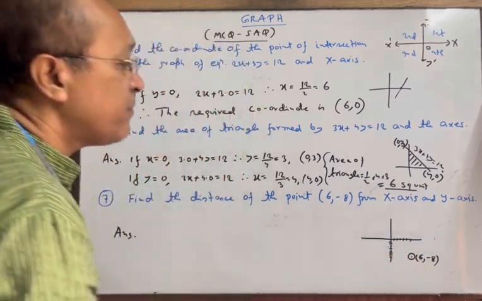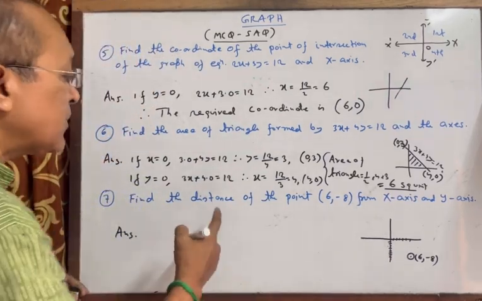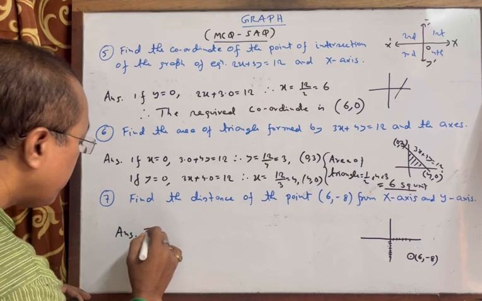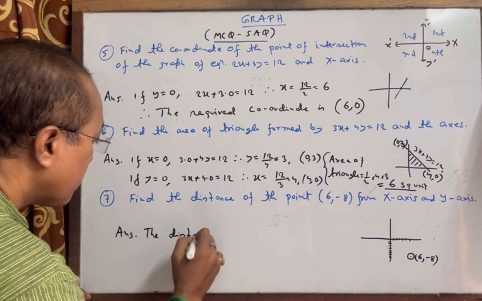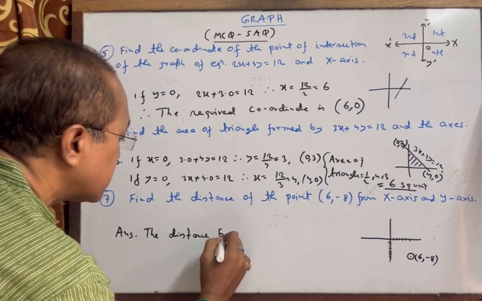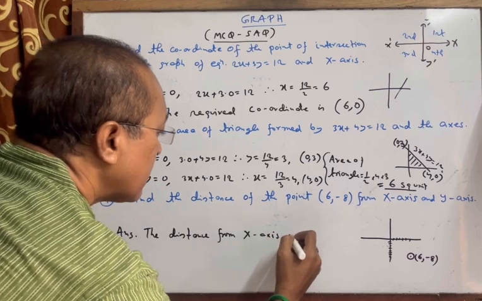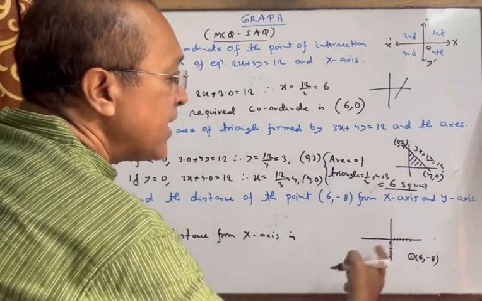So the distance of the point from the x-axis is 8 unit.